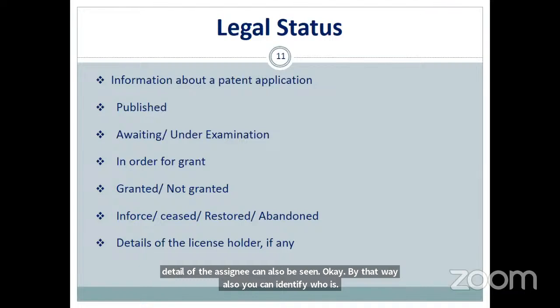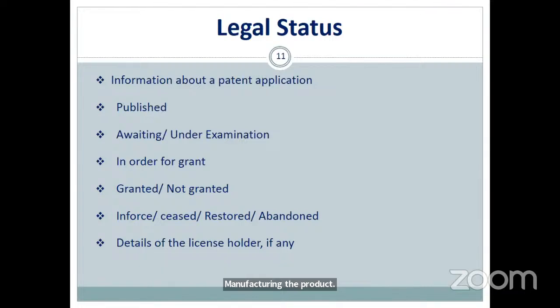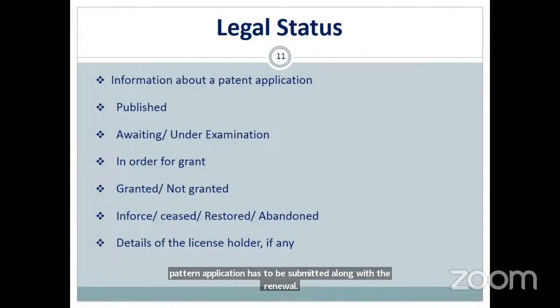Though the patent is with you, if you have given its license to a company, you can identify that third party from the patent application. That's why the working of patent has to be submitted every year along with the renewal fees. That indicates the legal status of a patent application.